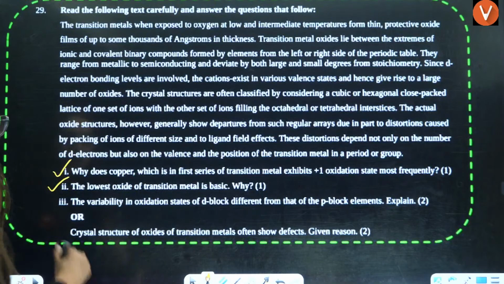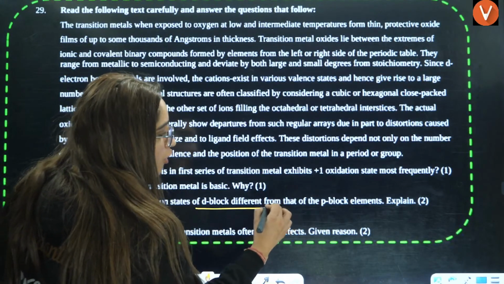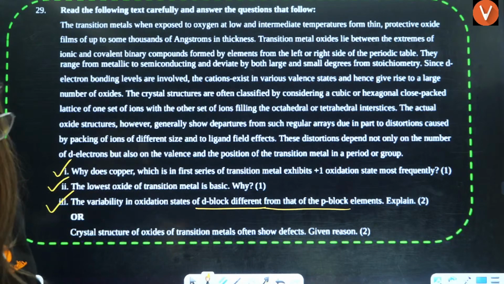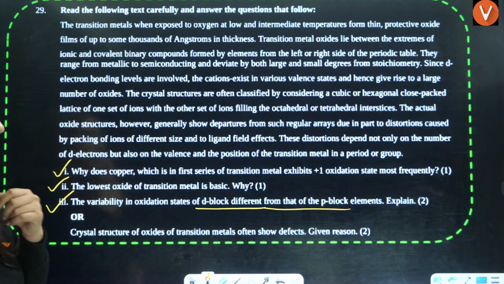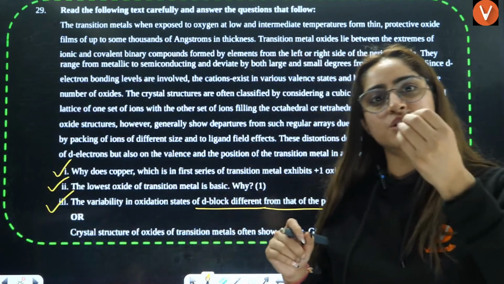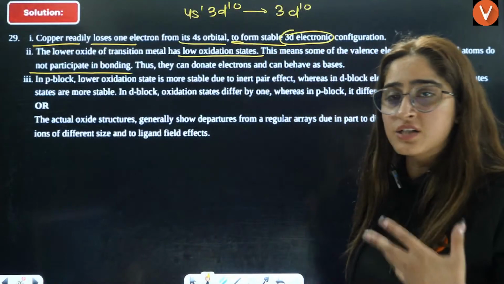The next question is, how is the variability in oxidation state of the D block different from that of the P block? Can you explain the variability in oxidation state? Basically, in the D block there is a variation of 1 in oxidation state. In the P block, there is a large oxidation state gap.